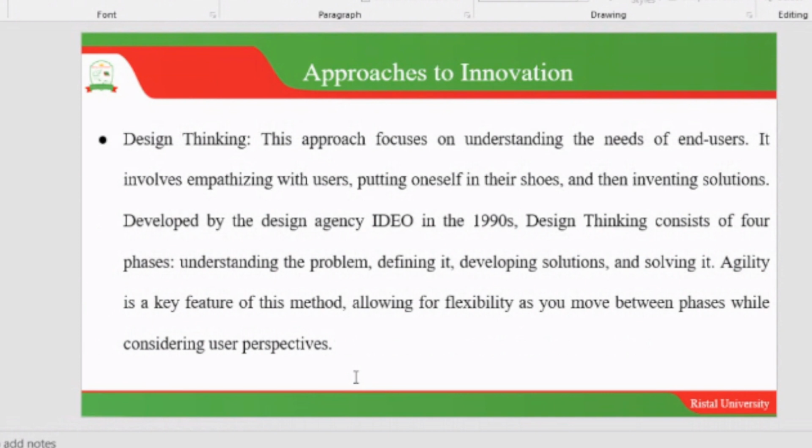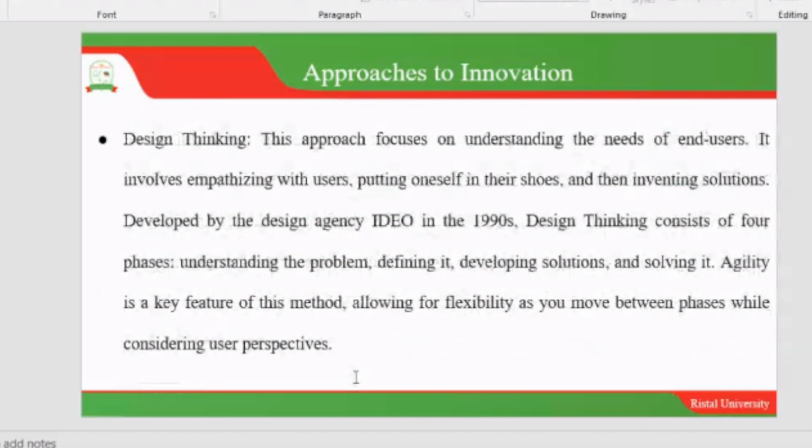And these solutions will help you to put in place a very market fit solution or innovation that can address the needs of the population that you are targeting. So agility in this case, or the ability to move on quickly and be flexible, is very key for this method to be successful, because it allows flexibility as you move between the phases while considering the user perspectives.